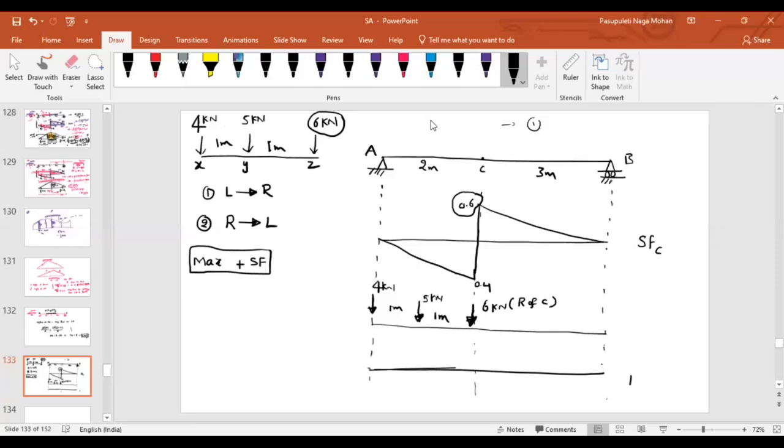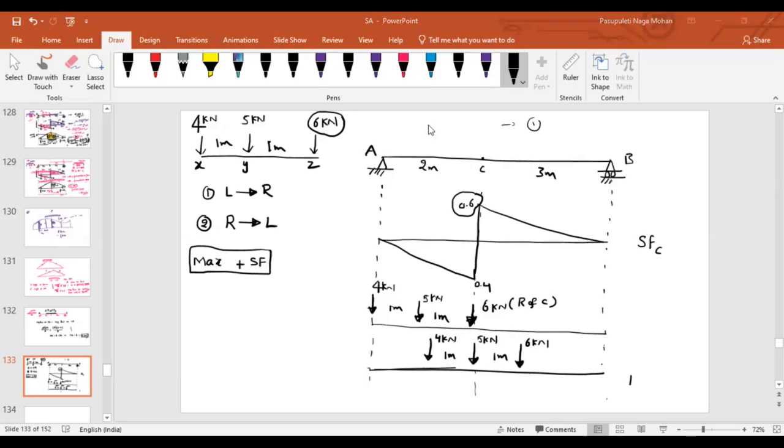So let's go one by one and discuss. In the other case, I'm placing 5 kilonewton to the right of C, and where about is my 6 kilonewton load? It will lie somewhere here. And what about the 4 kilonewton load? It will lie somewhere here. What about the distance between them? 1 meter, 1 meter.